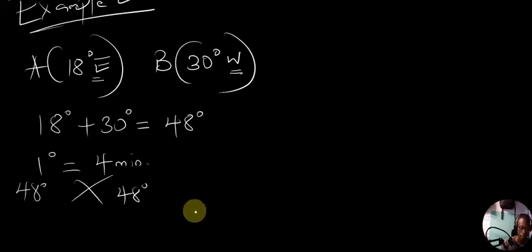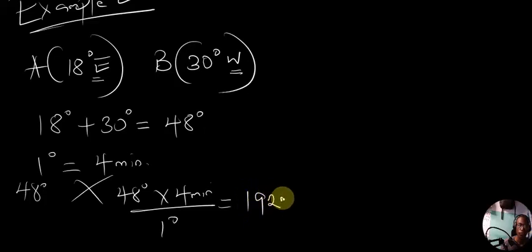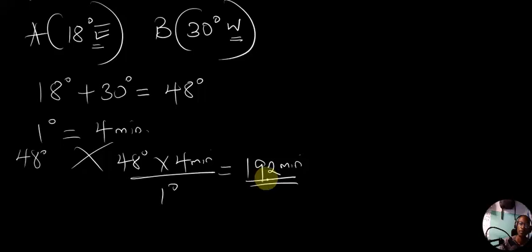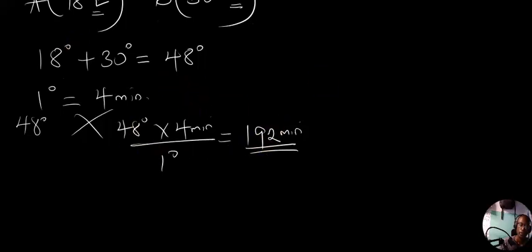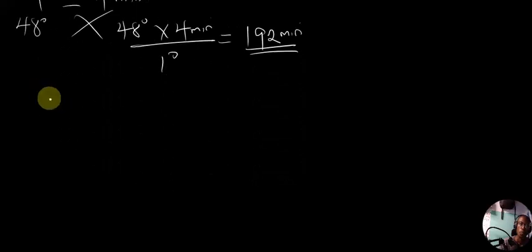So 48 times 4, we are going to get 192 minutes. This we can convert to hours. Just divide by 60. Then you can get the exact time difference. So let's work out another question. Example 3.